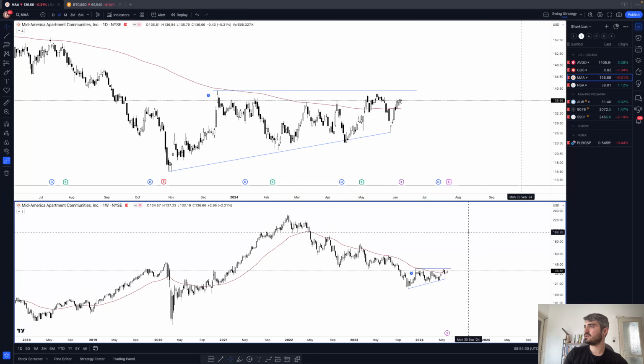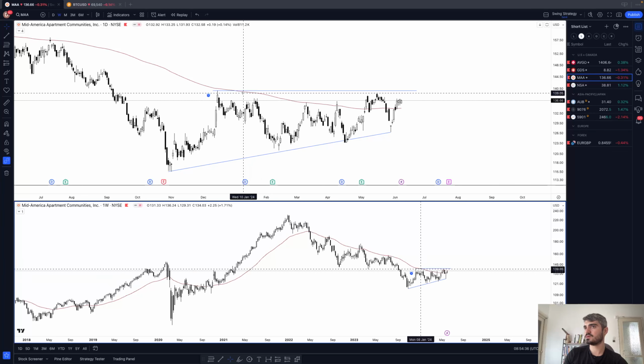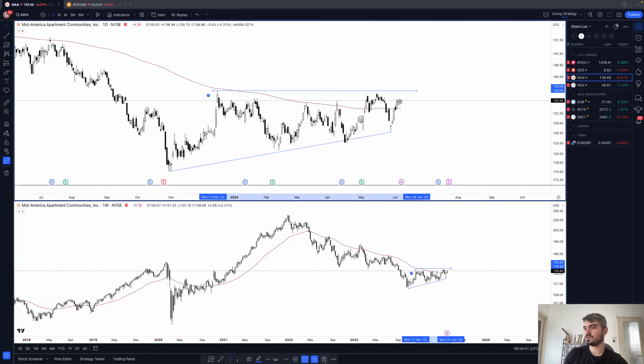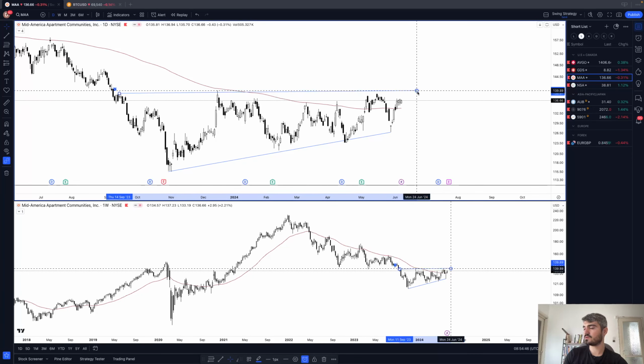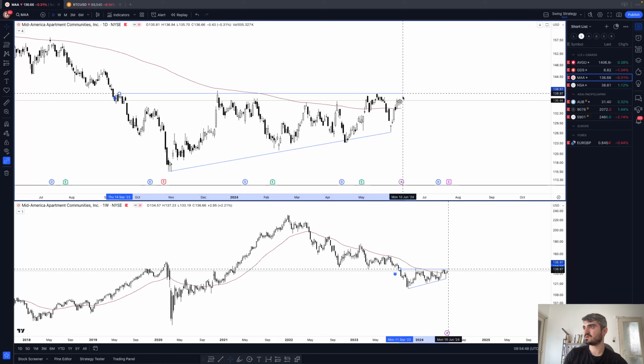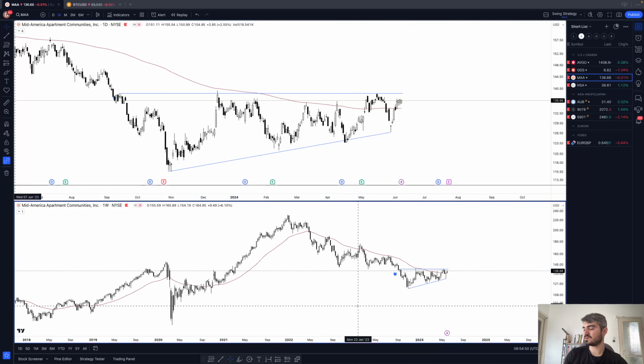Okay, guys, once again, MAA, an ascending triangle. Okay, you can even lower the pattern boundary a little bit and maybe even take it to this minor high, which sits better. Okay, yep, much better. Also good looking.